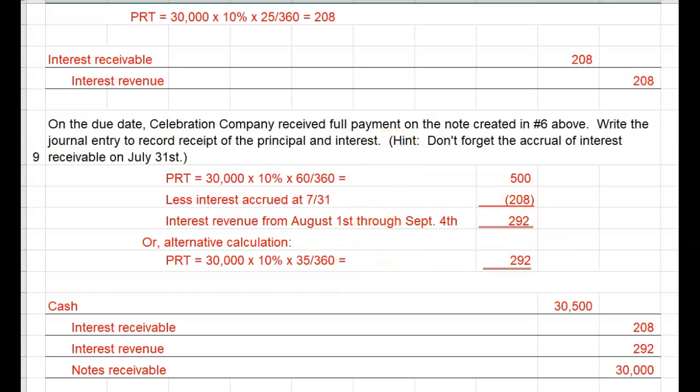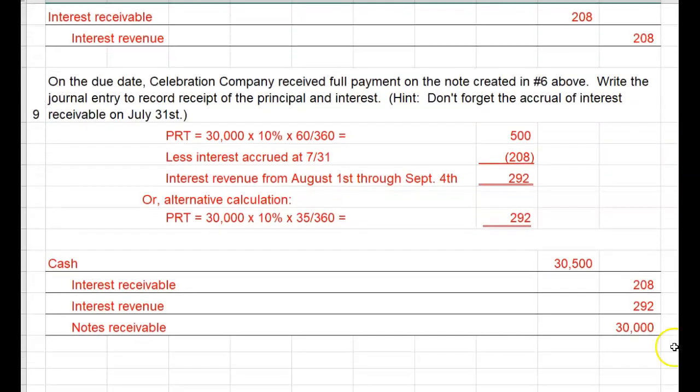So the correct journal entry then is to debit cash for $30,500. That's the $30,000 of note that was due from the customer plus all of the interest, $500 worth of interest. Then we need to credit. Notice up here we have interest receivable.